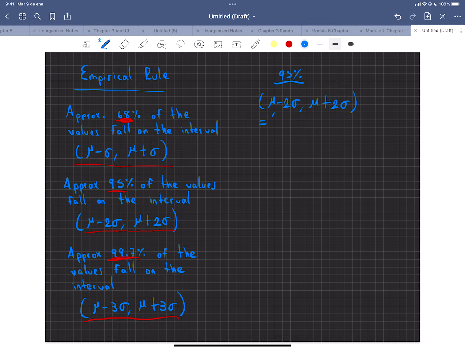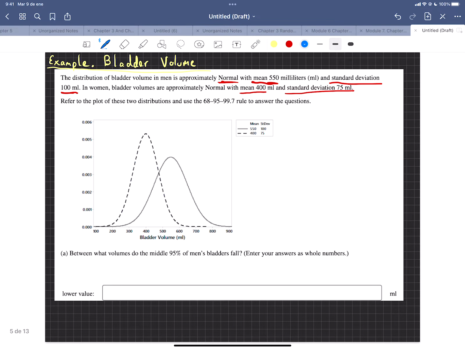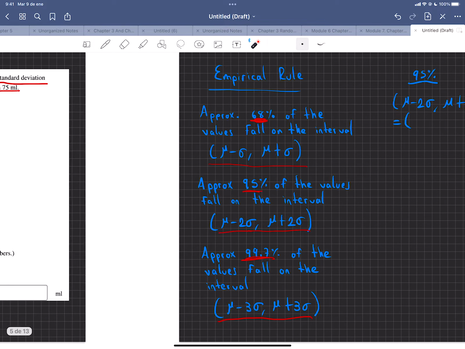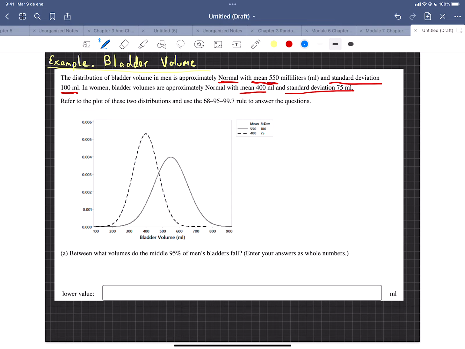And this is equal to, what is the value for mu? Mu is 550 and sigma 100. Let me write it here. For men, mu is 550, sigma is 100 for men.